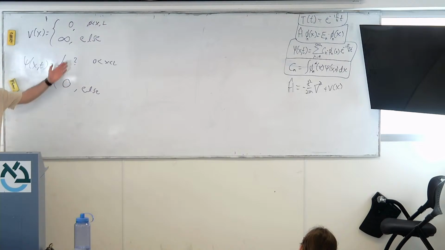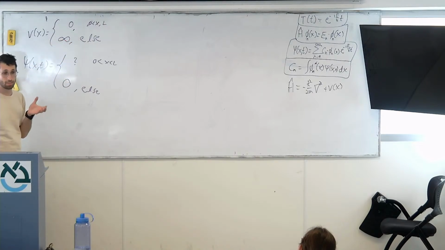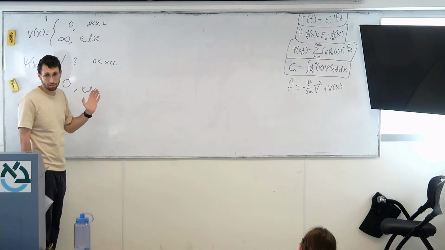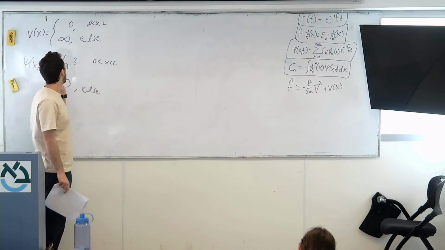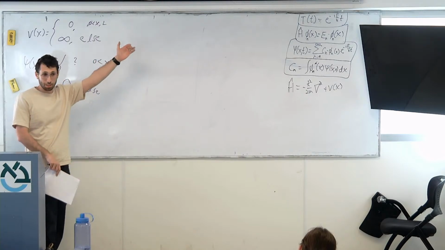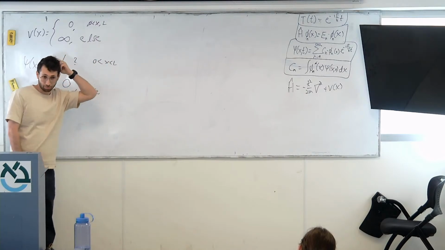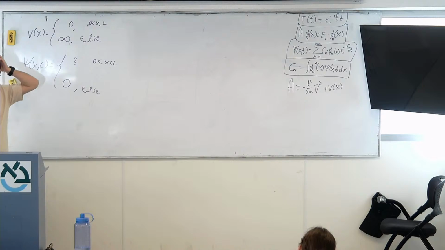So when the potential is infinitely large, the probability for a particle to be found in this region is 0. It's absolutely 0. There's no way to find a particle where the potential is infinitely large. Makes sense, right?